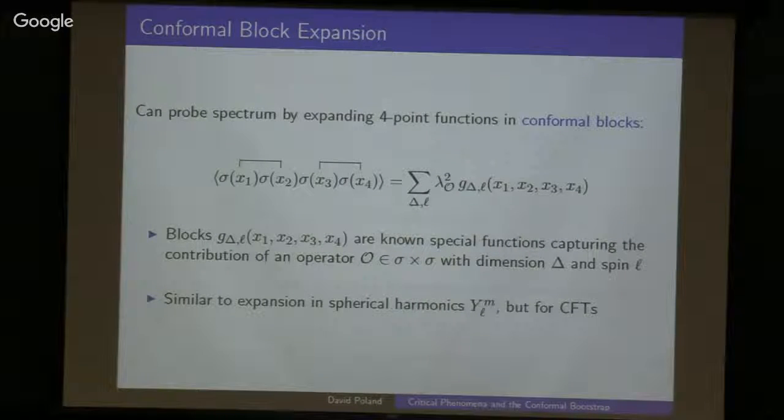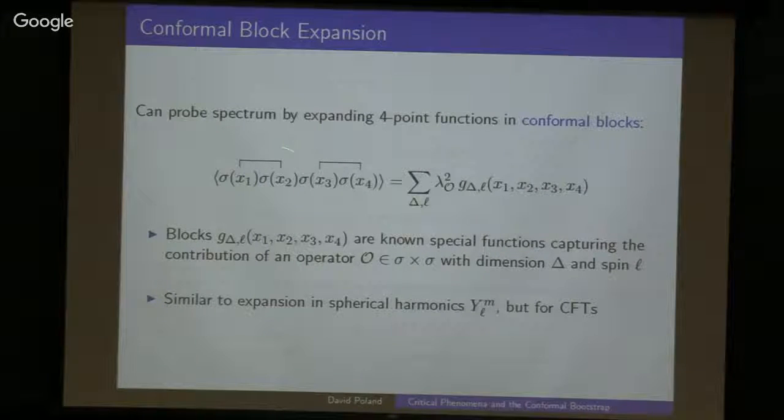Well, the idea is that instead of thinking about 2-point functions, which we discussed before, we can think about 4-point correlation functions. I have an expectation value of sigma of x1, sigma x2, x3, x4. I can ask, what does this 4-point correlation function do?